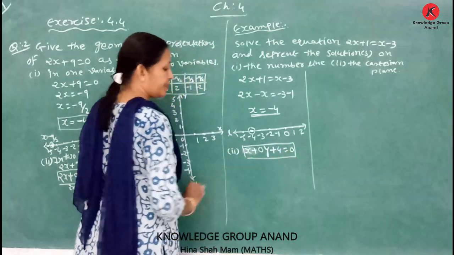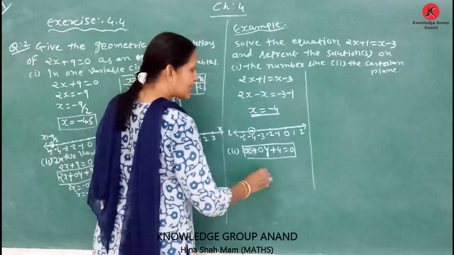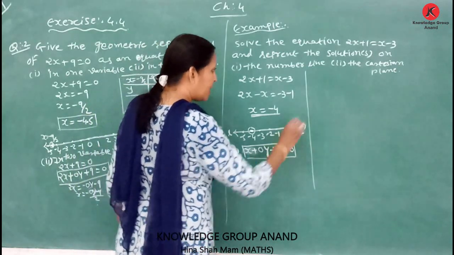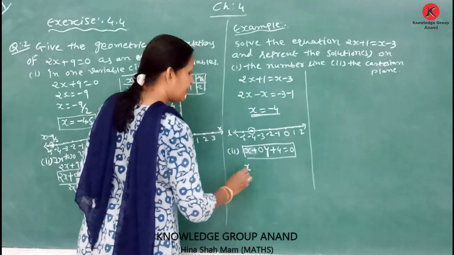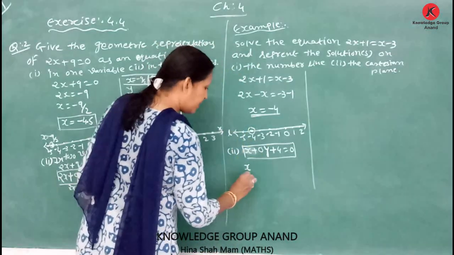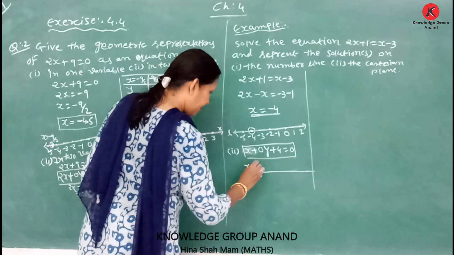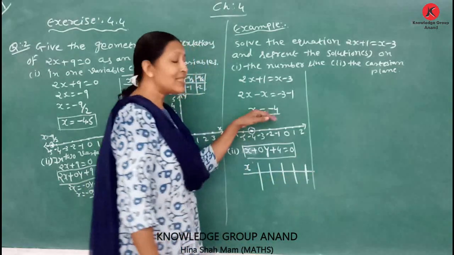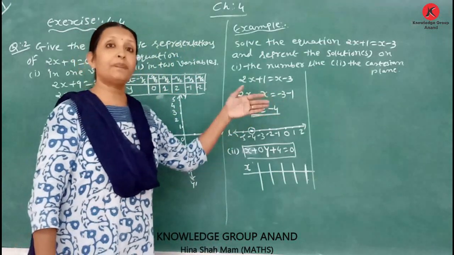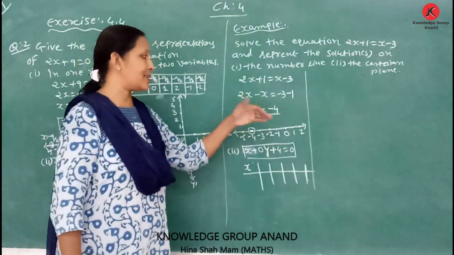Therefore, we prepare this table for the Cartesian plane. x equals minus 4, therefore it is parallel to the y-axis.